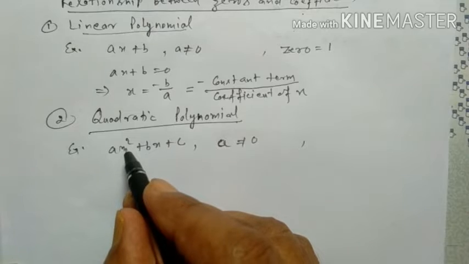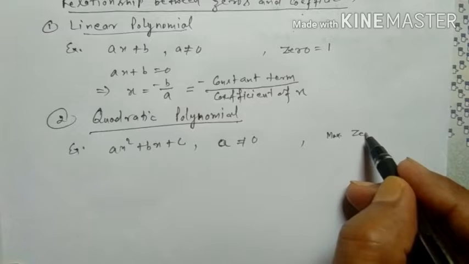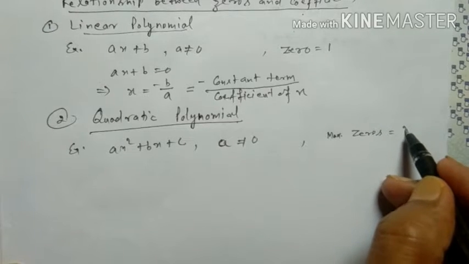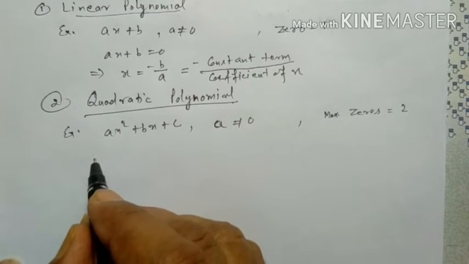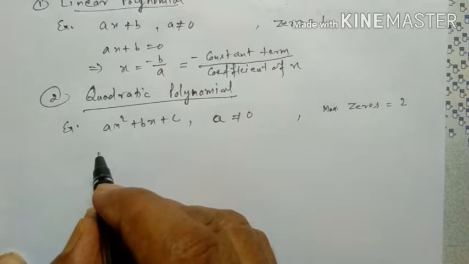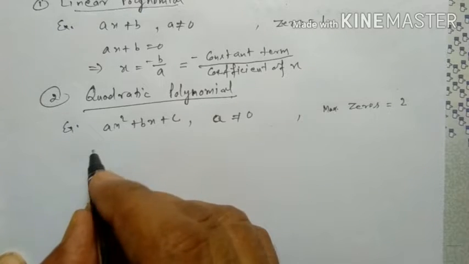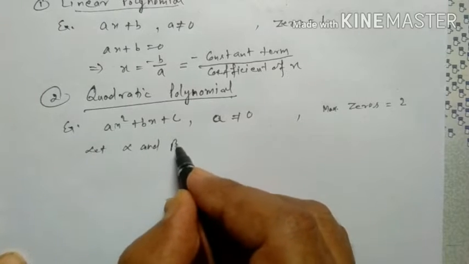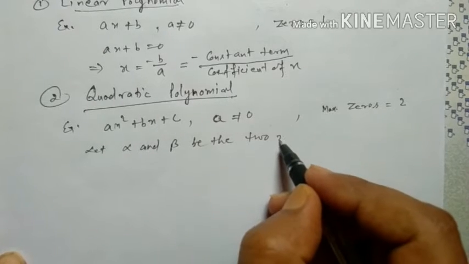Here the degree is 2, so the maximum number of zeros will be 2. Let alpha and beta be the two zeros of this polynomial.